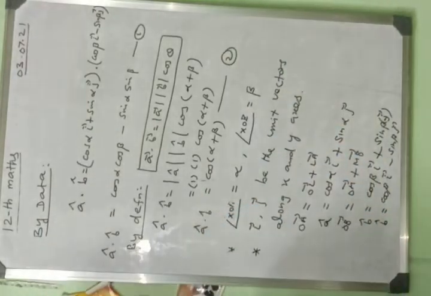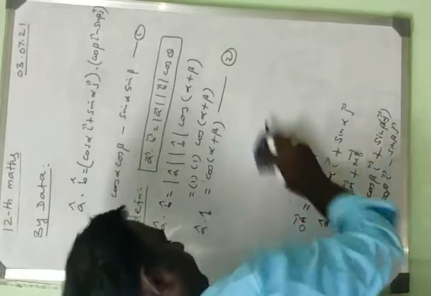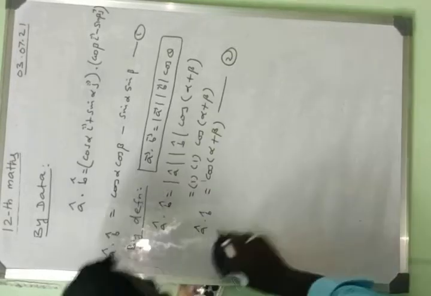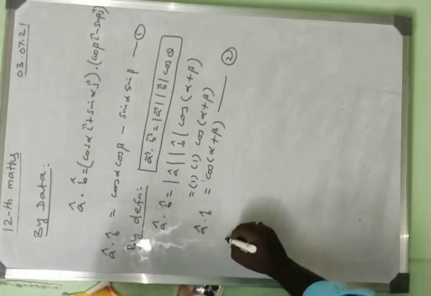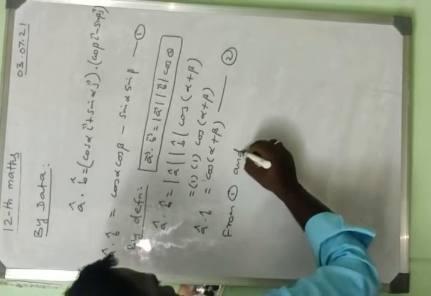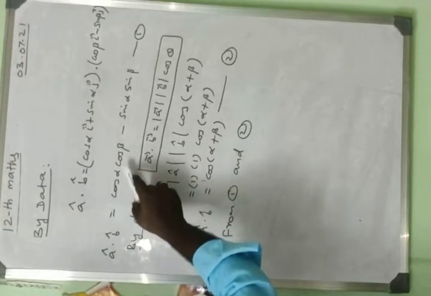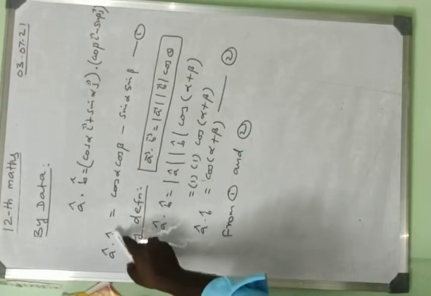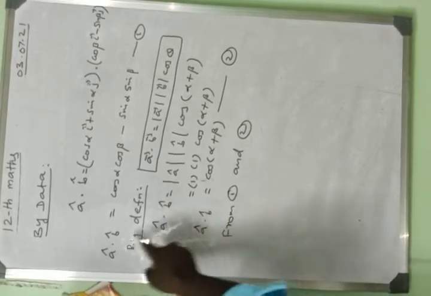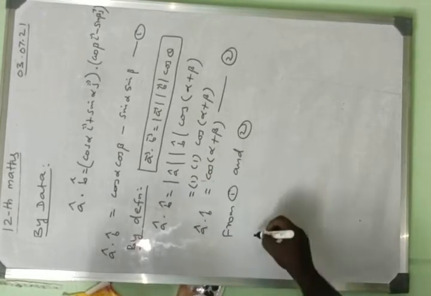Now compare the first and second equations. In the first equation the left side is cap A dot cap B, and here also the left side is cap A dot cap B. So when the left sides are equal, we take the right sides equal.